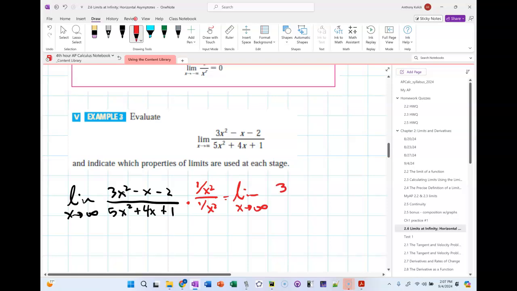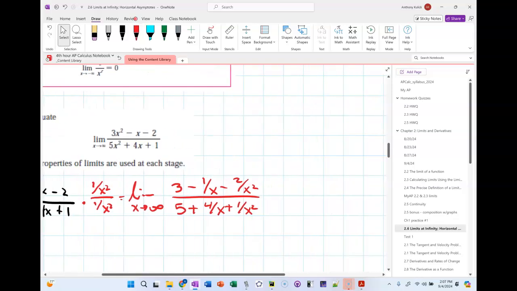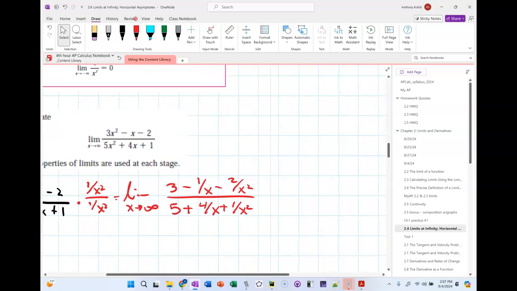So in doing that, I have 3 minus 1 over x minus 2 over x squared, and then I have 5 plus 4 over x plus 1 over x squared. Everybody's okay with what I did there, algebraically?